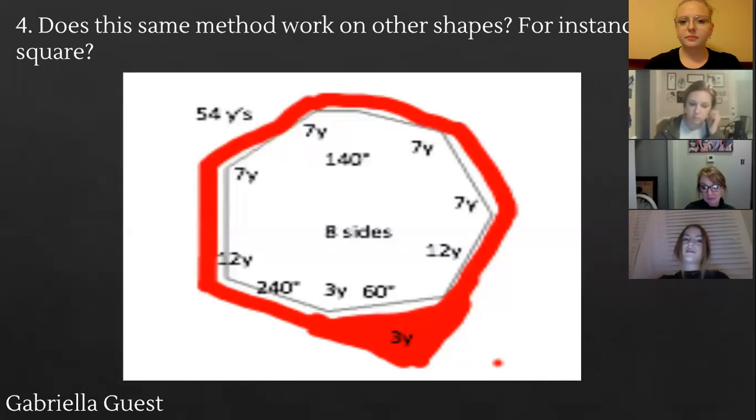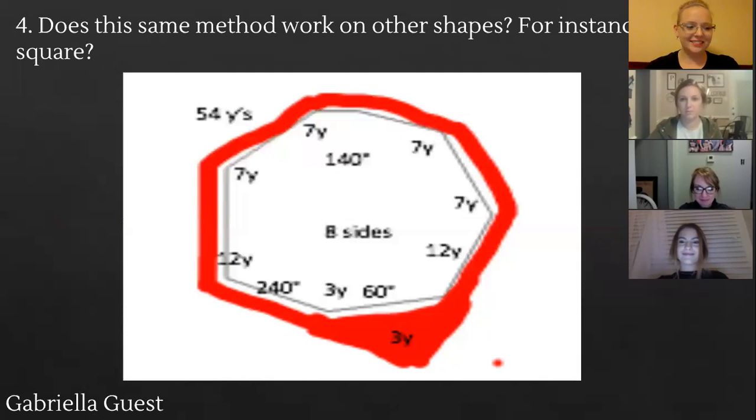So all you have to do is just set it in the same equation that was on the last slide, and the equation is x minus 2 times 180. So x is the amount of sides, and squares have 4 sides. So all you do is take 4 minus 2, and you get 2. You'd multiply that by 180, which would be 360, and then divide by 180, and then you'd get 2. Oh, that's fascinating. Thank you.